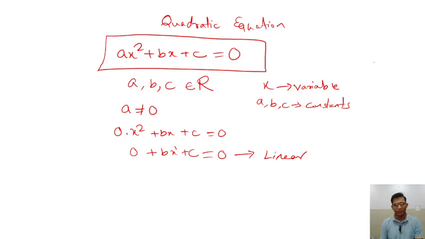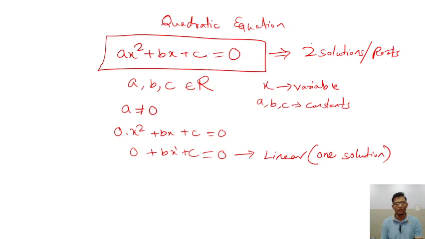As you all know, a linear equation gives you only one value of x. If you solve a linear equation, you get only one solution, and if you solve a quadratic equation, you will get two solutions, and in this case we call them roots of the quadratic equation.